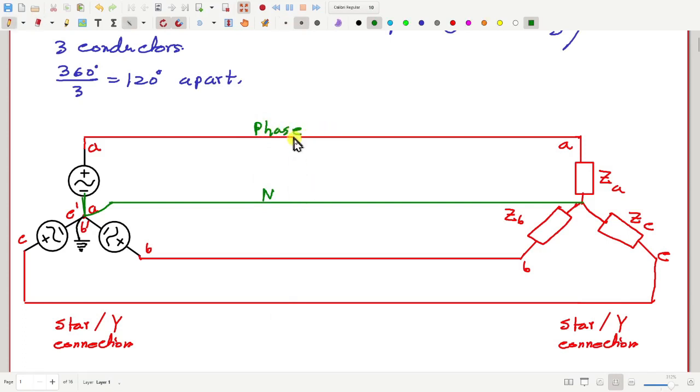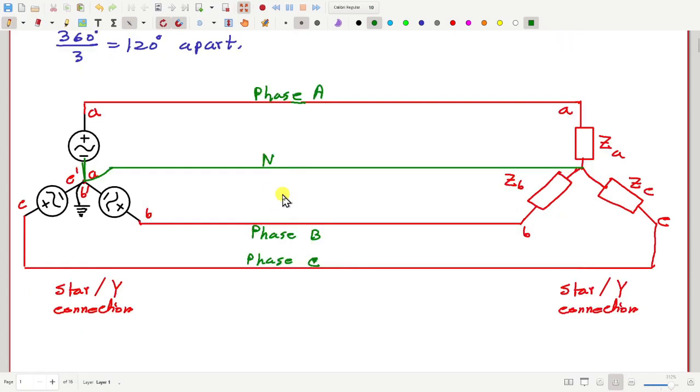So let me call this phase A, then this is phase B, and this is phase C. This neutral wire may be present or it may not be present. Sometimes it is not there.